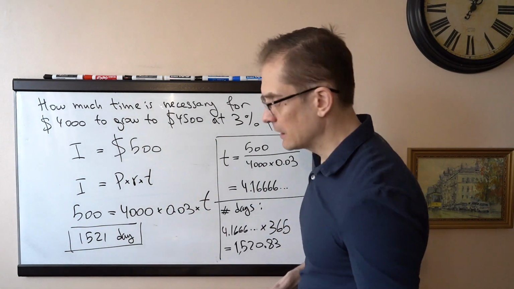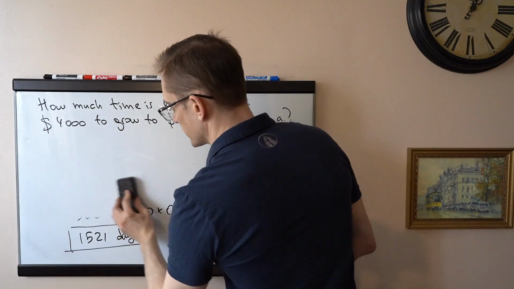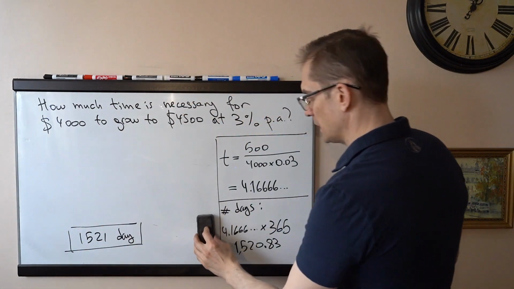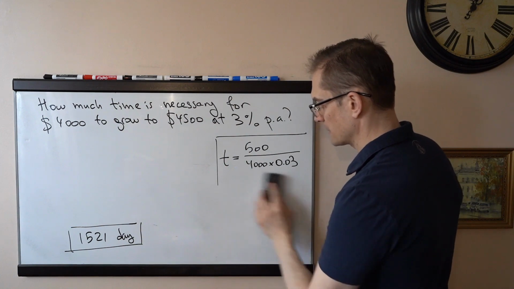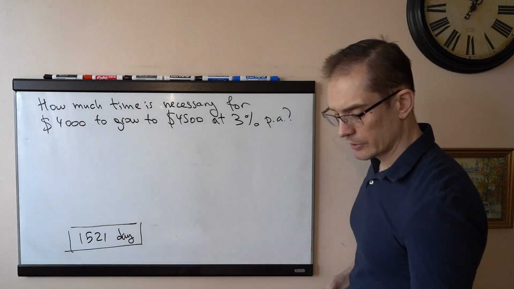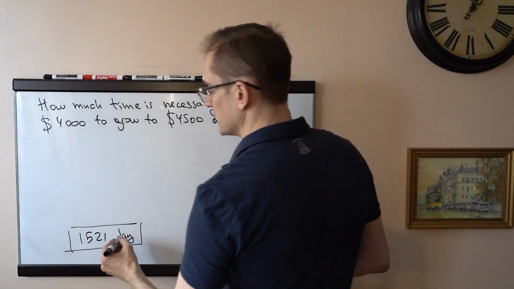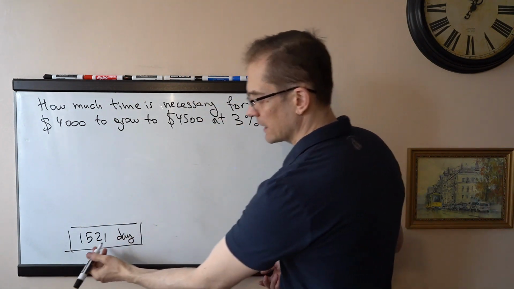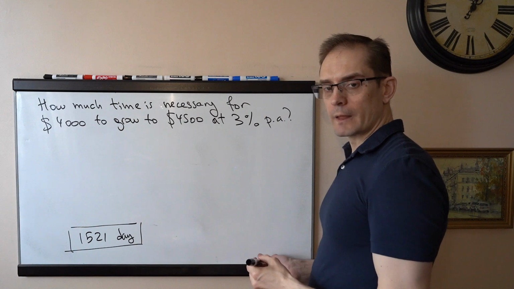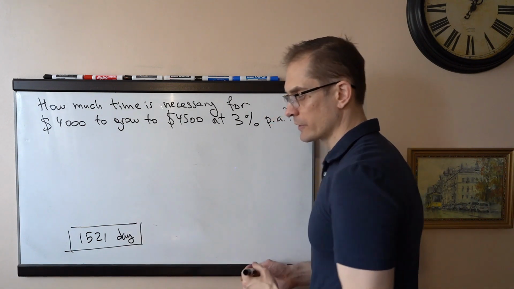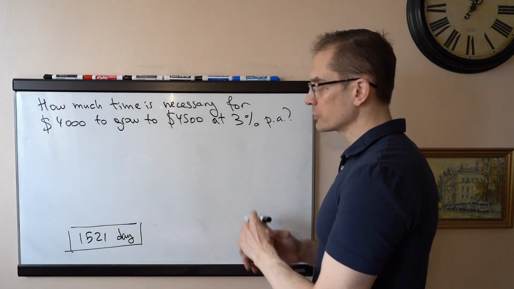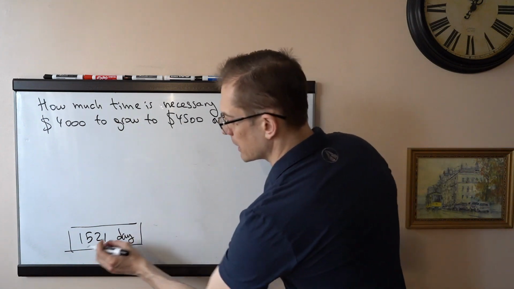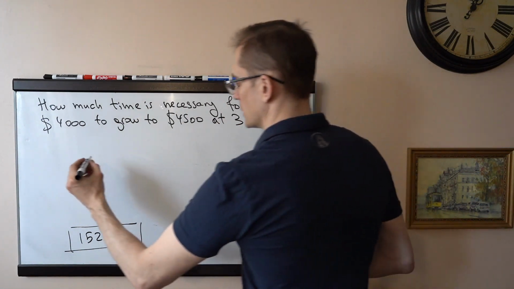In fact, it is a good idea as a separate exercise to see how much money we will get if we round up to the whole number of days, just to see how much this rounding affected this solution.